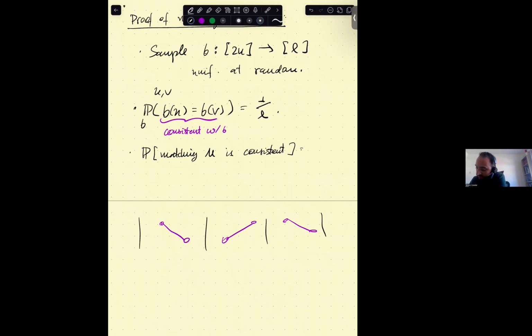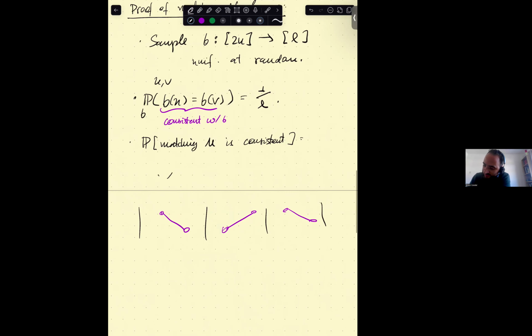Yeah, so a different way of doing this calculation is just that there are L over 2L possible choices for B, and L factorial of them are good, right?